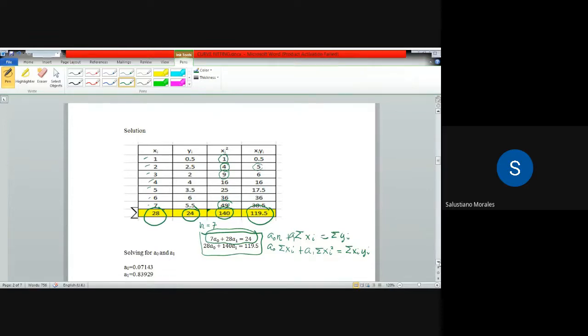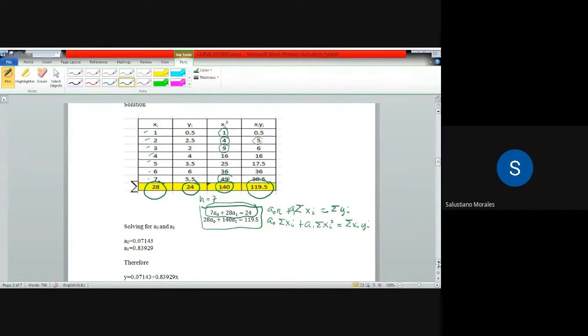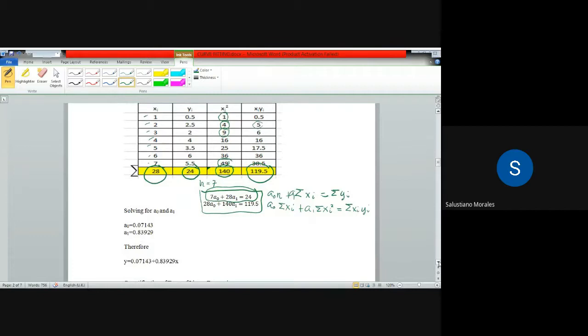So if you don't know how to solve these unknowns, you can use any method. You can use by elimination, by substitution, using methods that you discussed in advanced engineering mathematics, and you can solve the values of A0, A1. Or you can use directly your calculator to solve two equations, two unknowns. And if you solve that, the resulting value now of A0 is 0.07143 and A1 is equal to 0.83929.